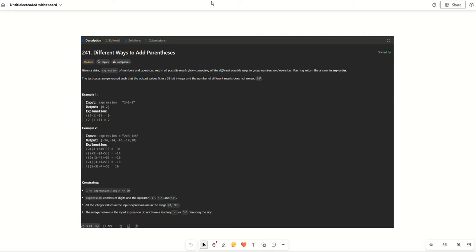In this problem, we are given a string expression containing numbers from 0 to 99, and the operators are only plus, minus and multiply. These three types of operators will be there.